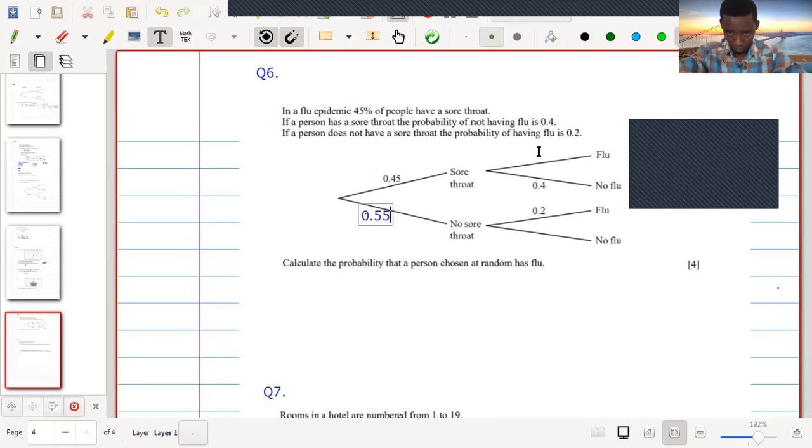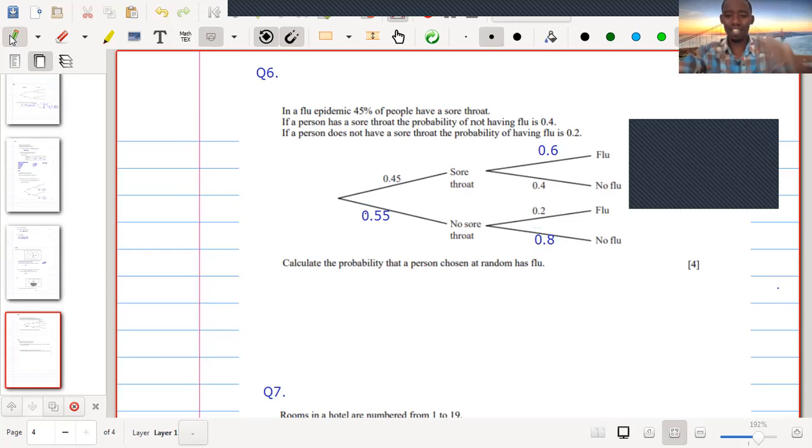And then here, I will simply take 1 minus 0.4, which is 0.6. And then here, I'll take 1 minus 0.2. Then I get 0.8 as well. Okay. Now I can answer any question like they ask me.